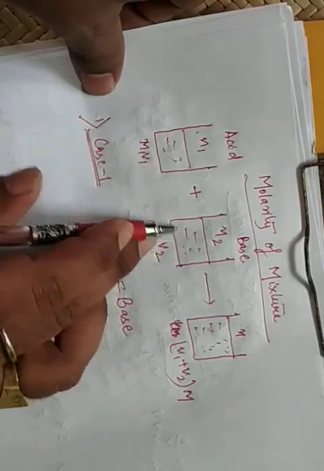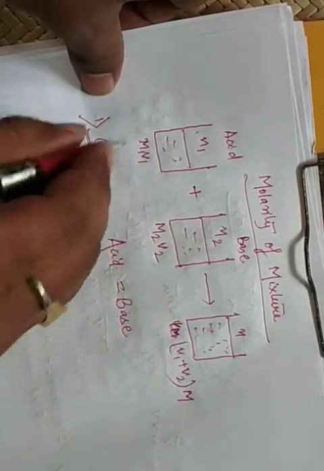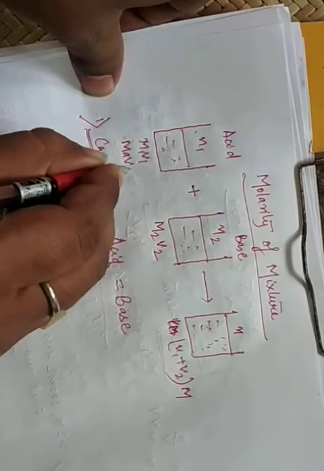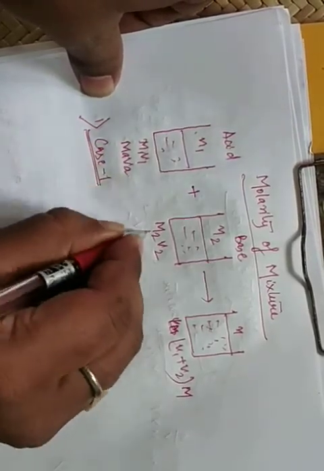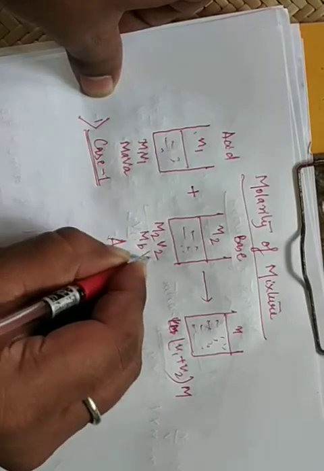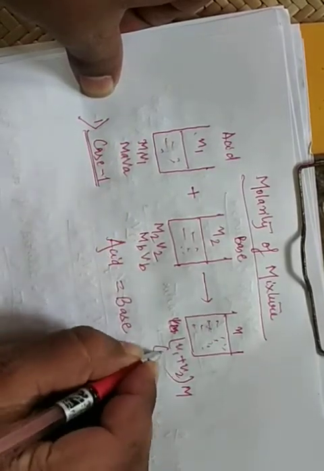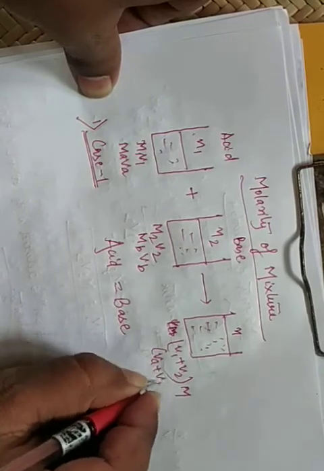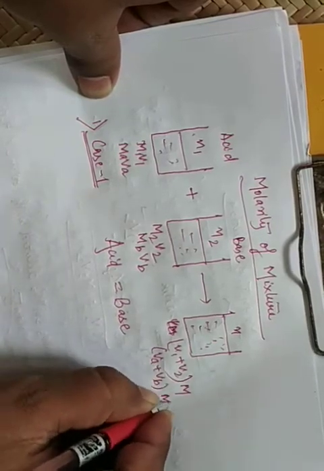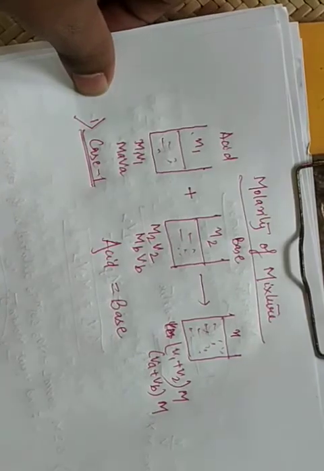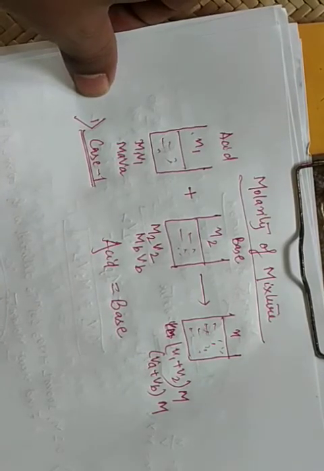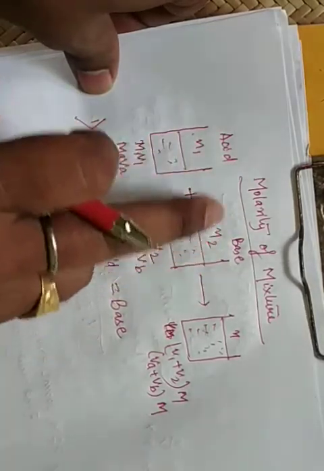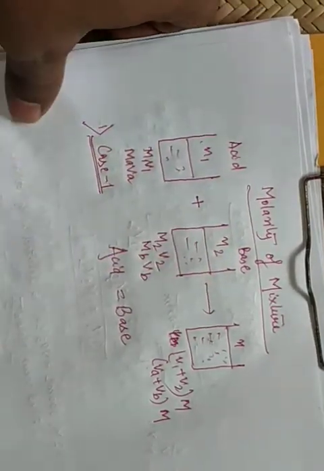If the concentration of acid and base are equal, you can write the acid as MaVa and the base as MbVb, and you can also write Va plus Vb. Clear?